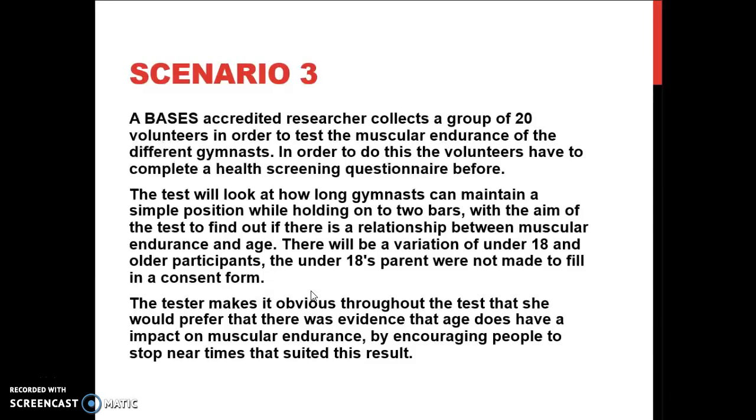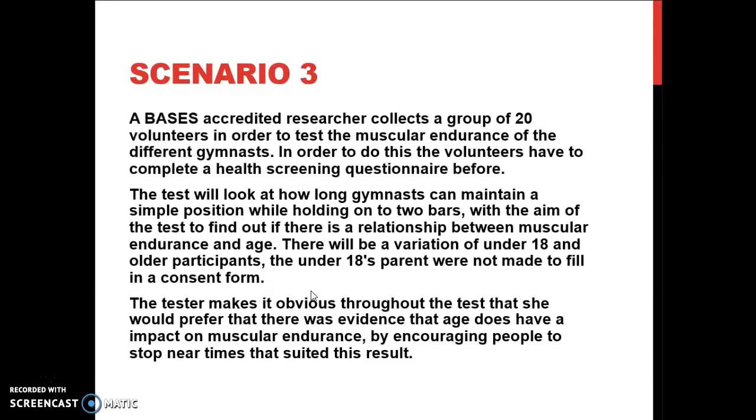Finally, the tester is trying to influence the research to get a certain result. This could be looked at as a slight damaging effect to equality within the test, as she's favouring one side over the other.